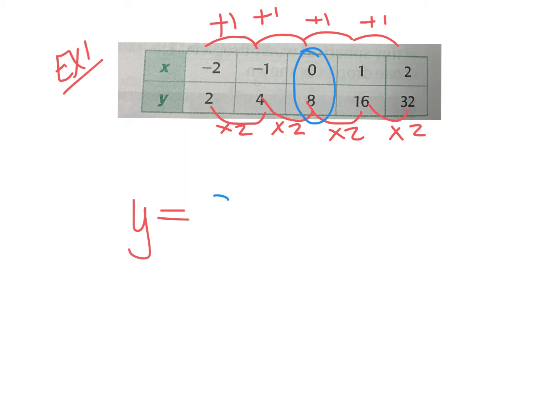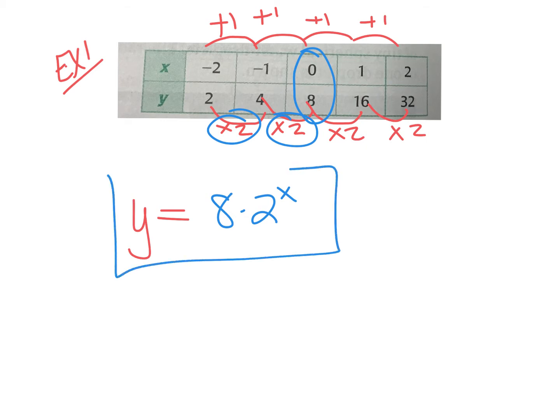So you can say 8 times, because that would be your a value. Then what is it going up each time? Times 2. So 2 to the power of x. So then this is your rule for the function.